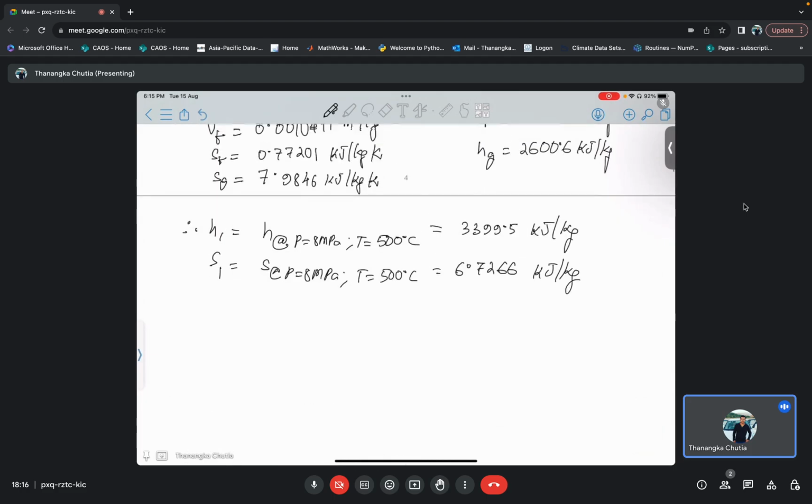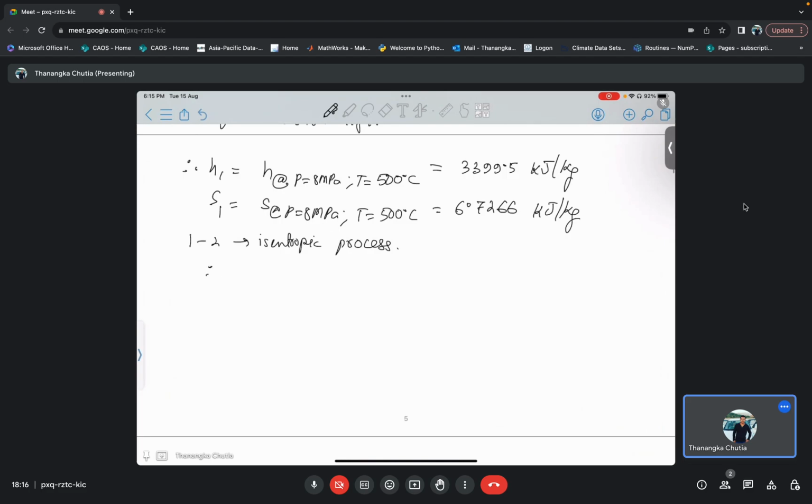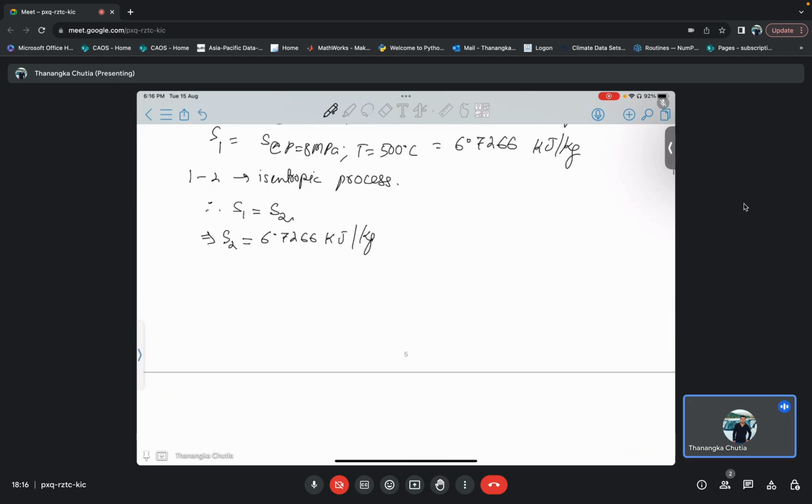Now 1 to 2 is an isentropic process. Therefore S1 is equal to S2. So this implies my S2 will be 6.7266 kilojoule per kg Kelvin.